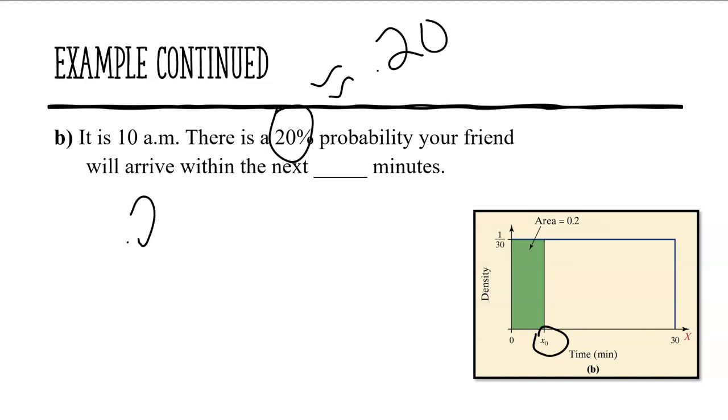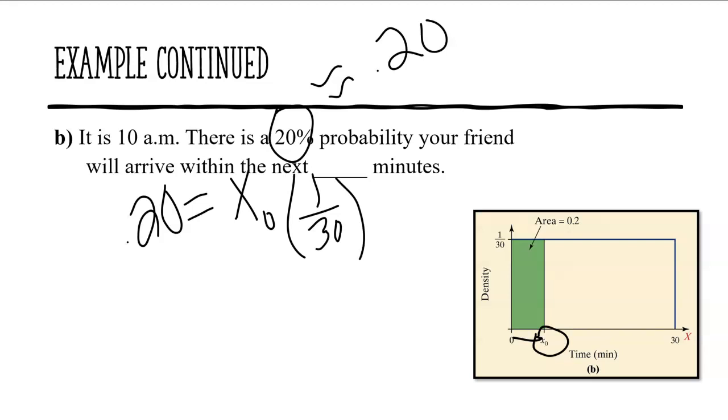Remember, to find the probability, you take the distance here, which is x naught, because it's x naught minus 0, times the probability, which is 1 over 30. So technically it's x naught minus 0, but that is just x naught. So 0.20 equals x naught times 1 over 30.